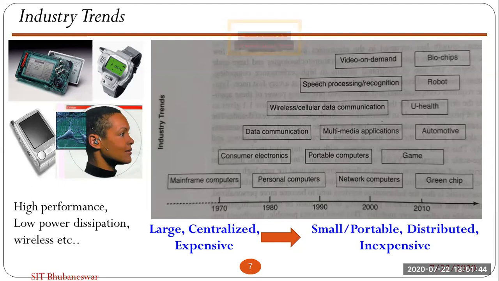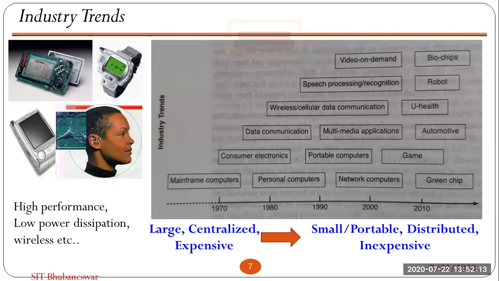So if you see from 1970 to 2020, initially it was the mainframe computer. In the 70s and 80s it was the personal computer, and then around the 2000s the network computer. Now green chip. Green chip is for a social cause, for environmental purposes.